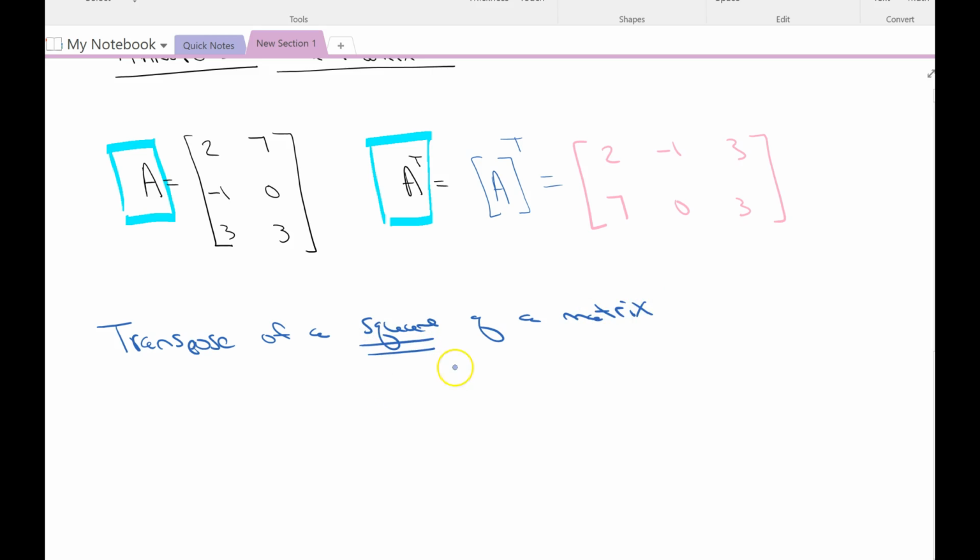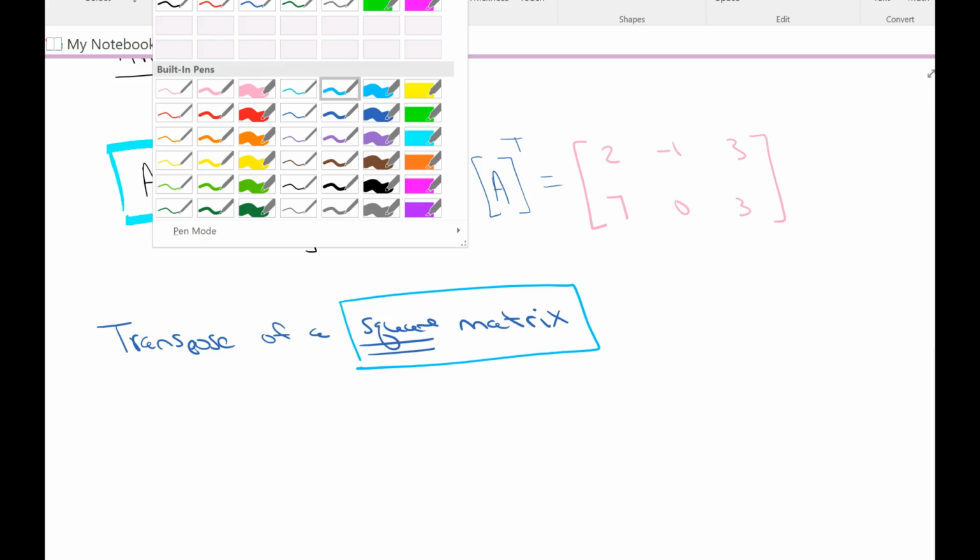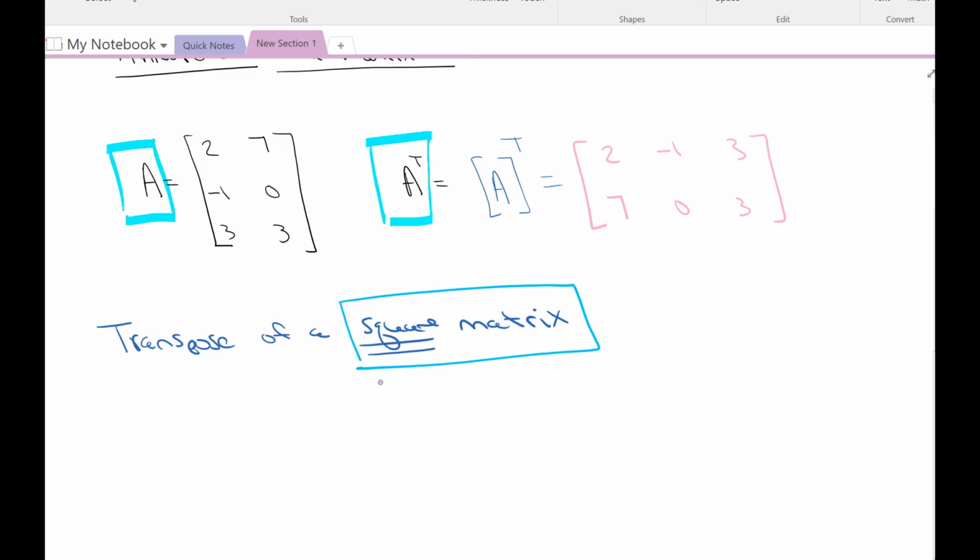Transpose of a square matrix. And in case you're wondering what a square matrix is, a square matrix is just a matrix where the number of rows equals the number of columns, hence the name square.